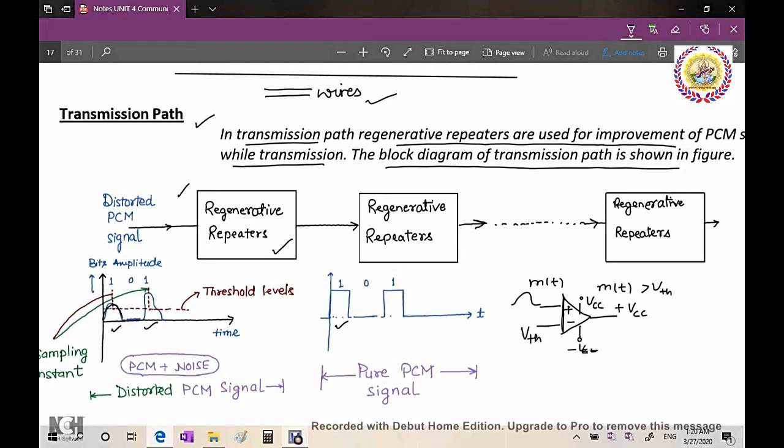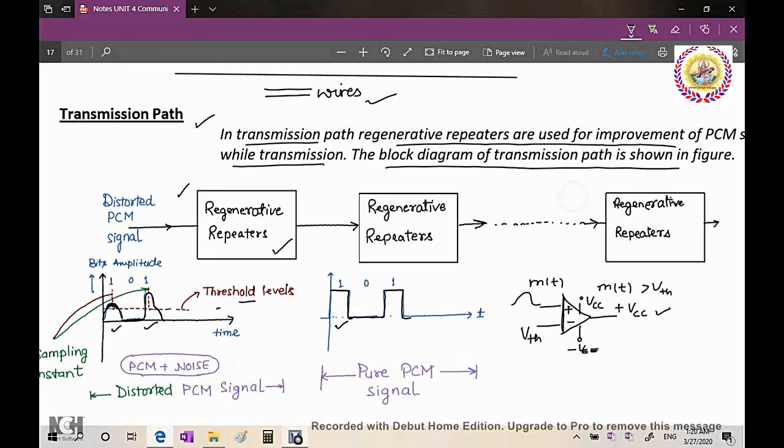You know that if your m(t) is greater than VTH, the output is VCC. That is happening here. If the pulse is greater than threshold levels, then the output will be 1. If the input is less than threshold level, the output is 0. And again the pulse is greater than threshold level, the output is restored to 1, and so on.